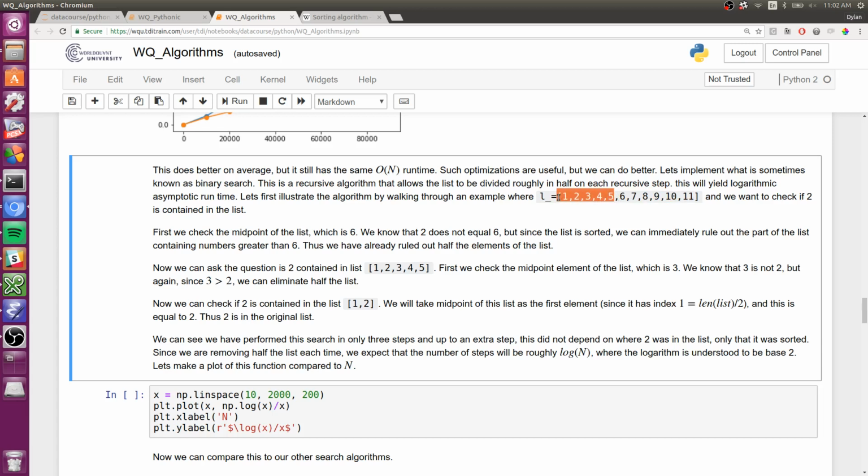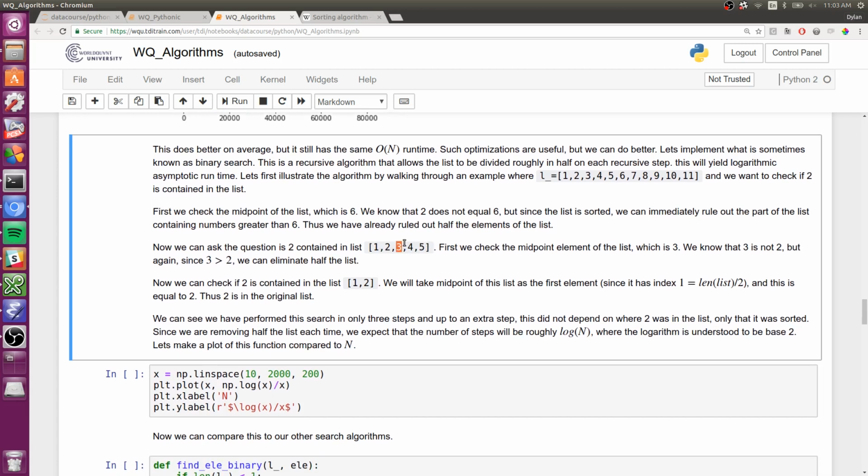And now we'll do the exact same thing. We look in this sublist 1 through 5, and we check the midpoint, which is 3. 3 is not 2, but we know 3 is bigger than 2, so we can throw this away as well. And now we have this sublist.